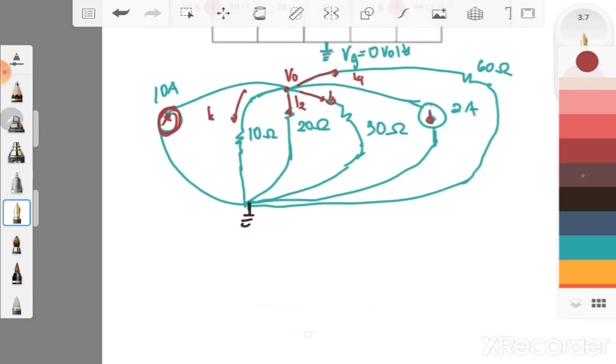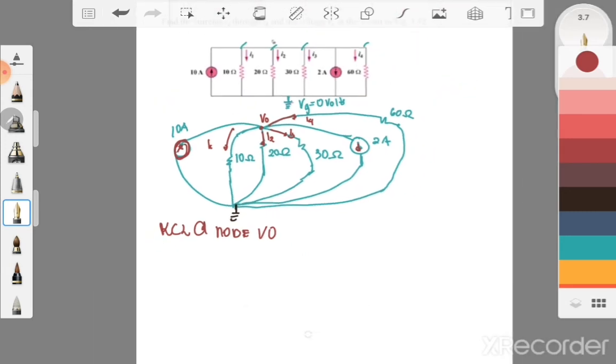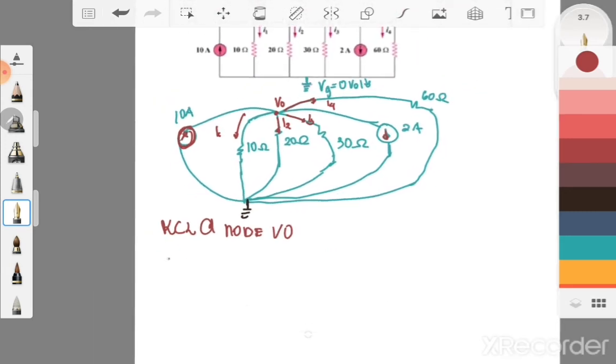KCL at node VO. KCL at node VO, we have currents entering to the node, we have 10 amperes. Current going out of the node, we have 1, 2, 3, 4. Negative I1, negative I2, negative I3, and negative I4. Hanggang negative I4 lang tayo.